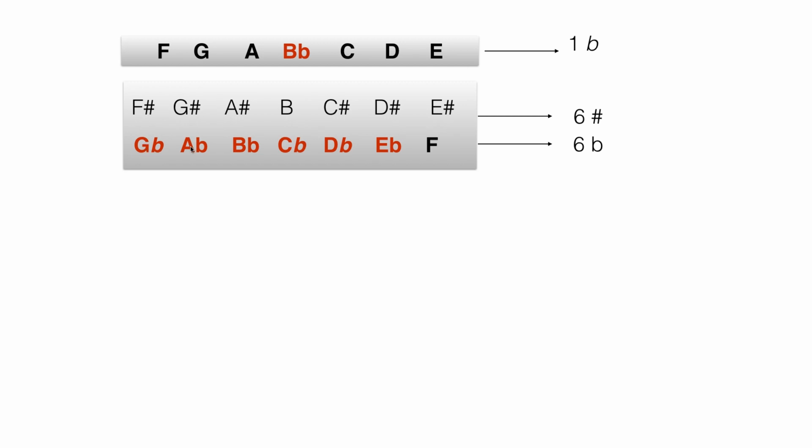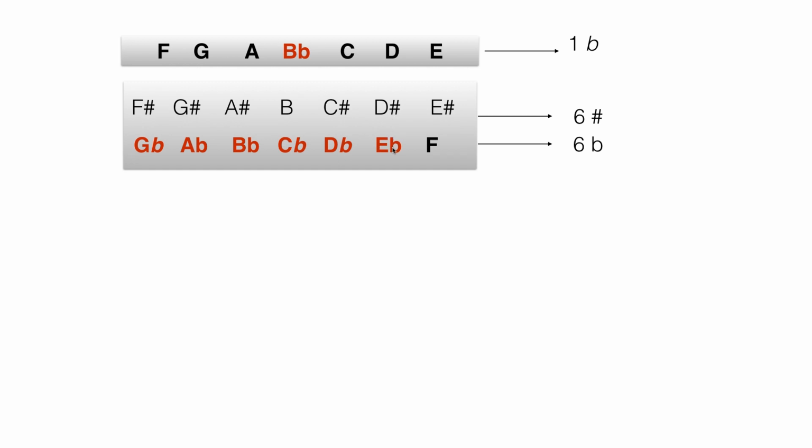G sharp is the same as A flat. A sharp is the same as B flat. B is the same as C flat. Look, pay attention that we need to keep all the notes G, A, B, C. So I need to use C flat. C sharp is the same as D flat.